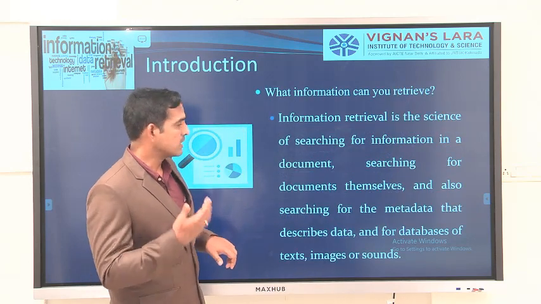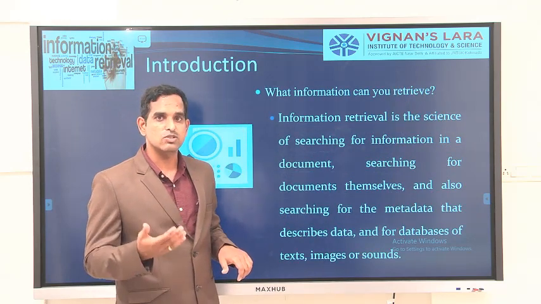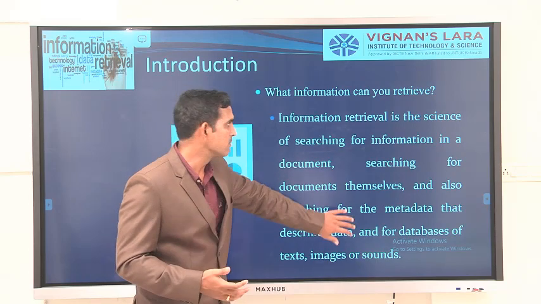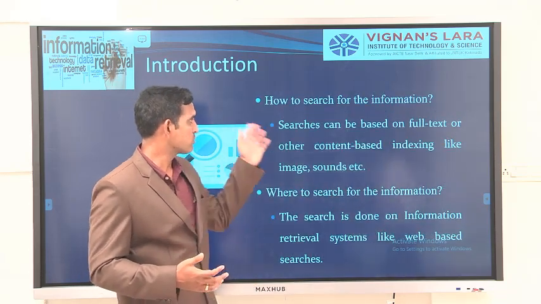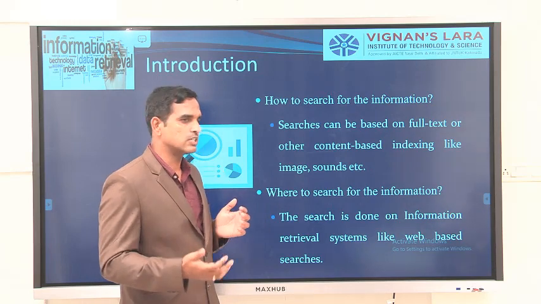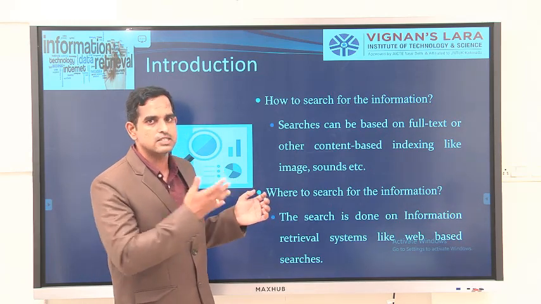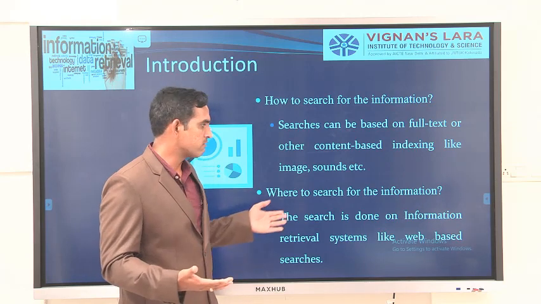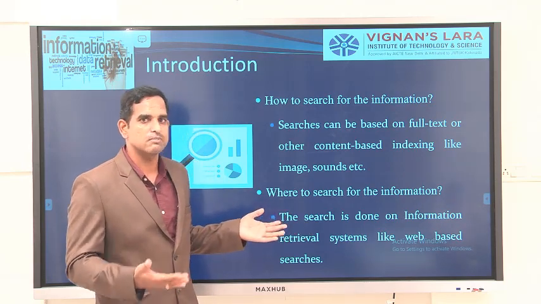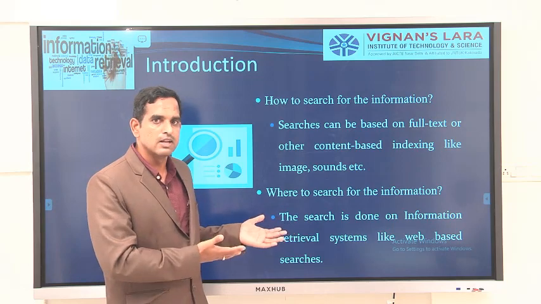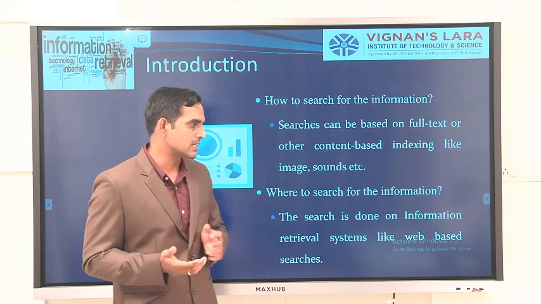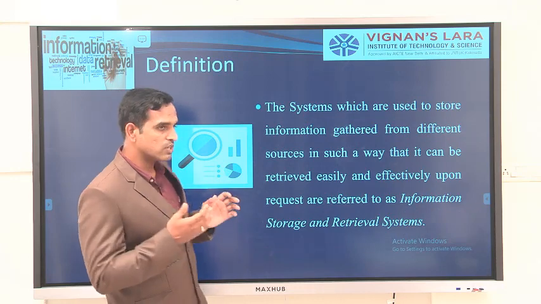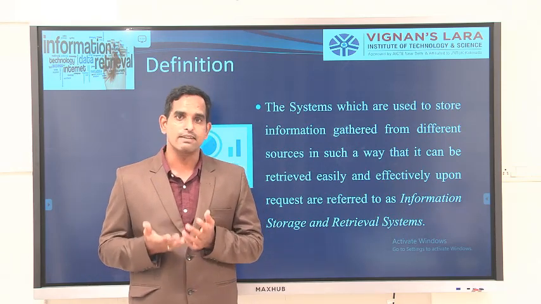Next, what information do you retrieve? The information could be images, text, files or anything from the web. And how are you going to search for that information? Either a text based search, or a context based search like an image search. Or where are you going to search for that information? Basically from the web or any other information retrieval system. So these are the various questions you have answered about information retrieval.